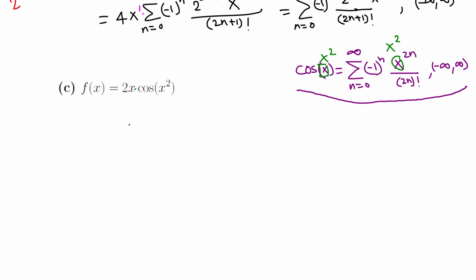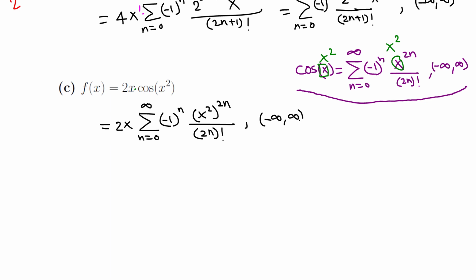So this one is the same as 2x times this Maclaurin series, the sum from n equals 0 through infinity of (negative 1)^n (x squared)^(2n) over (2n) factorial, and this converges for all x.